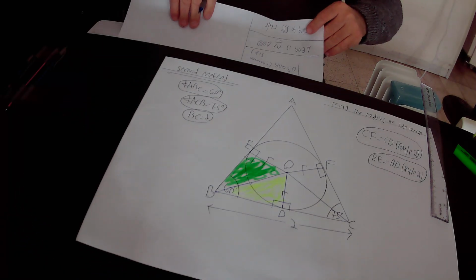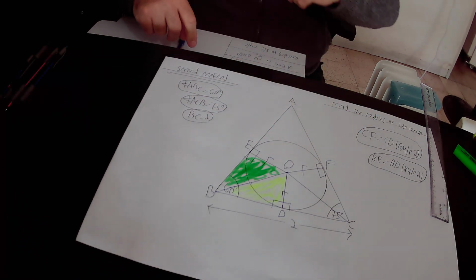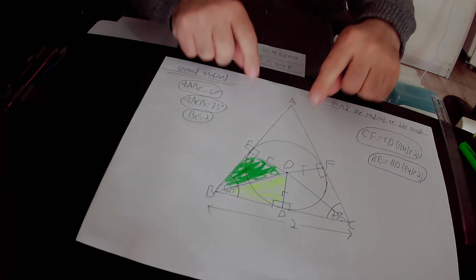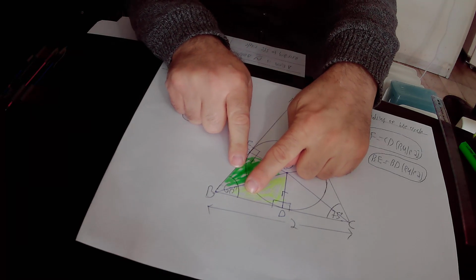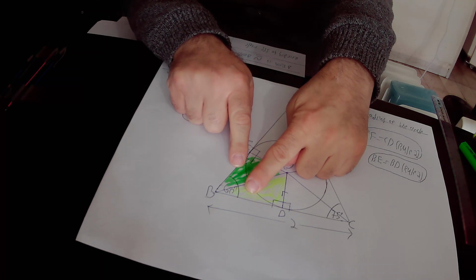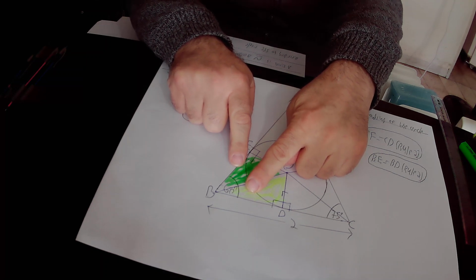And from the fact that those two right triangles are congruent to each other, we derive that those two angles must also be equal according to the rule that corresponding angles in congruent triangles are equal.